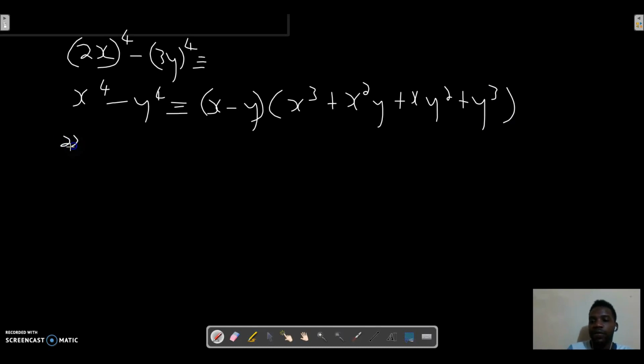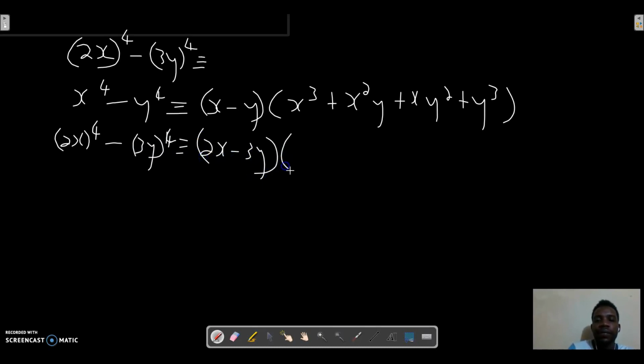So when you have 2x to the 4 minus 3y to the 4, what it means is that in the place of x, you're going to have 2x, but in the place of y, you're going to have 3y. So we're going to have 2x minus 3y into 2x cubed.